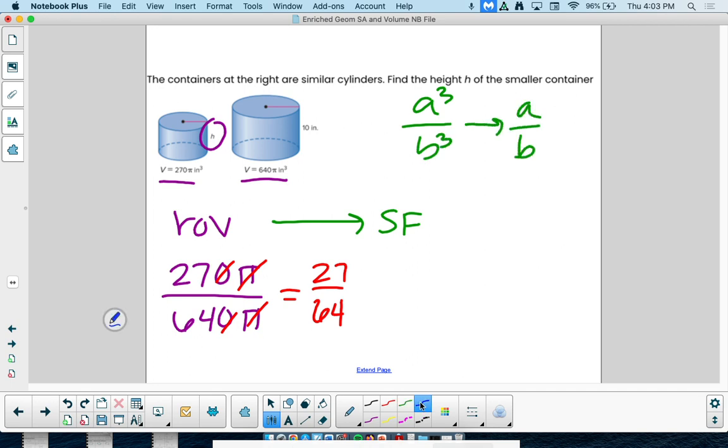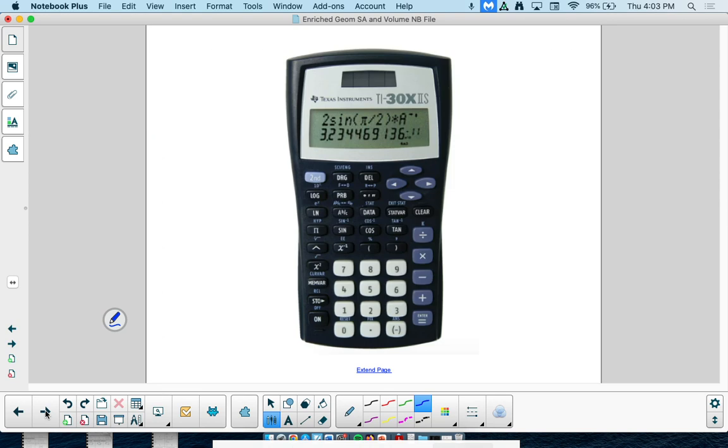So when we do that, we have to take the cube root. I think some of you have done this in class, but I'll show you, if you have a calculator like the ones in my classroom, how you do that. If we wanted to find the cube root of 27, you're going to hit 3, and then you're going to hit the second button.